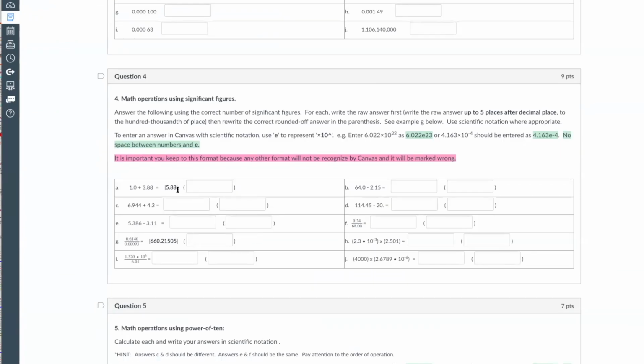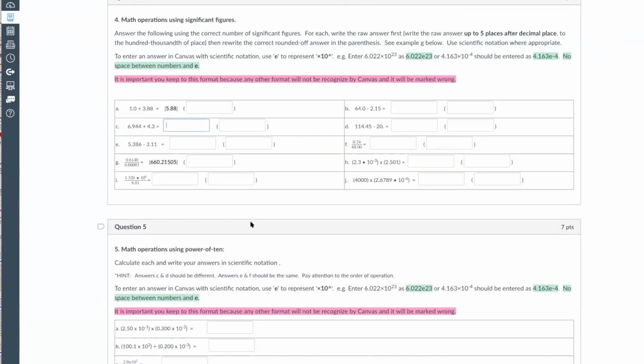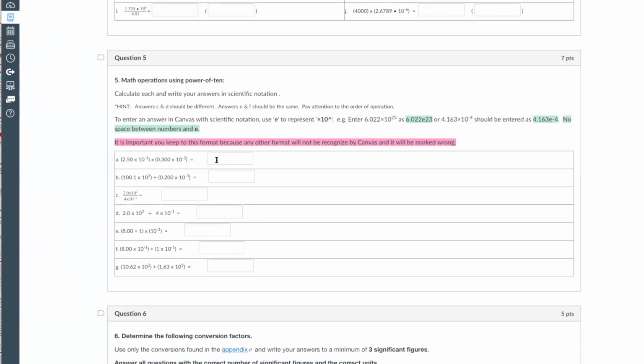Here you want to put down what your answer should be, and here what your raw data is and what your correct answer should be. We went over this today. Here's the same thing. You just want to round off your answer based on the rules of significant figures.